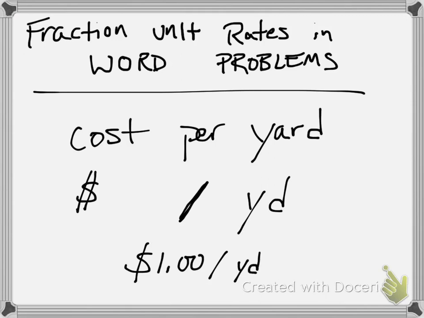This helps when I go to set the problem up, because what I need to do is set my division up so that I have the money amount up here on the top divided by the yard amount. And then my final answer will be this, cost per yard. Let's do that one problem.